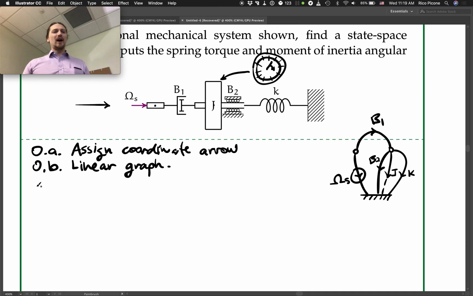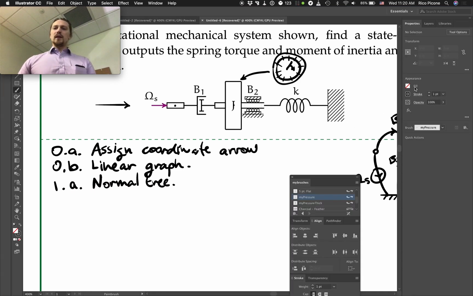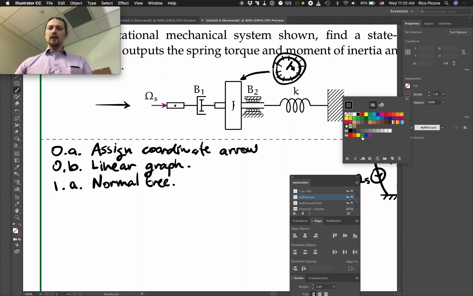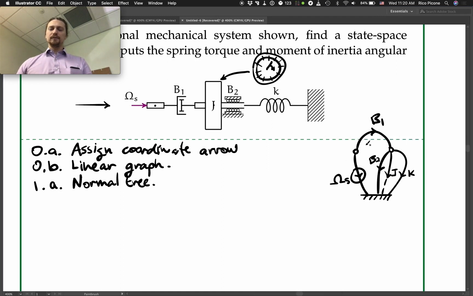Okay, so now we're ready for our 1.A step, which is the normal tree, right? So let's get another color or a highlighter or something. And we go down the list, right? A cross variable source is our first. Angular velocity is an across variable for a rotational mechanical system. So omega s.